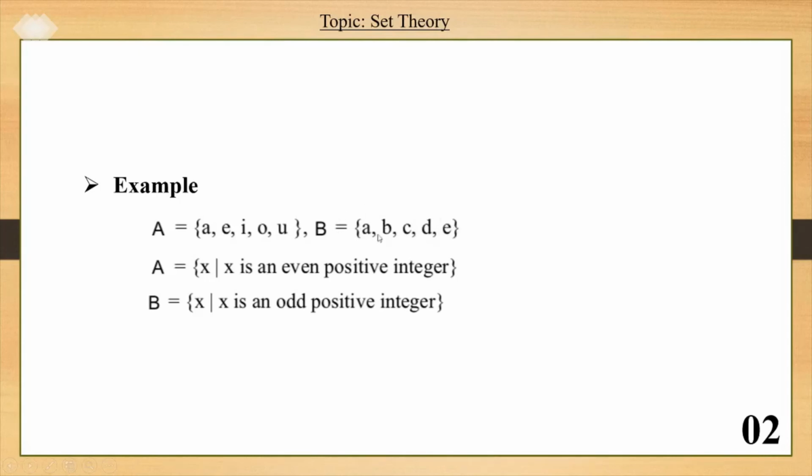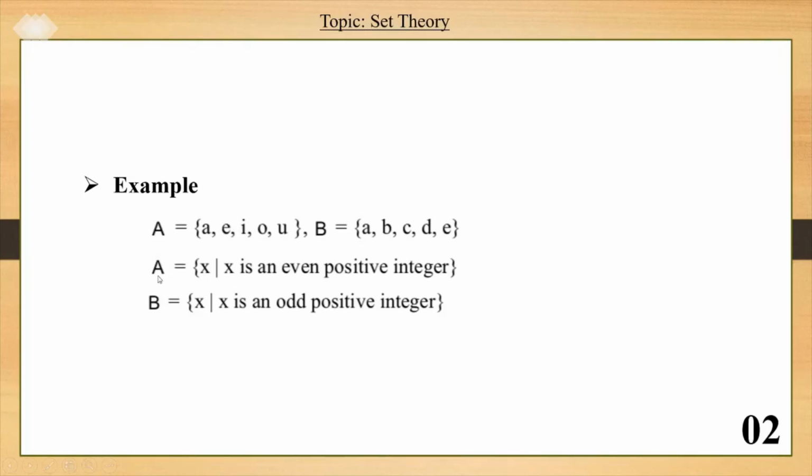So B is equal to the set a, b, c, d, e. This representation, A equals a, e, i, o, u and B equals a, b, c, d, e in brackets, is called the representation of the set in roster form.